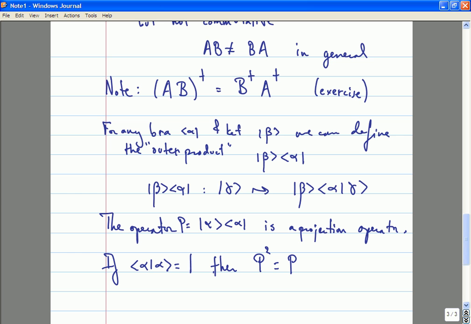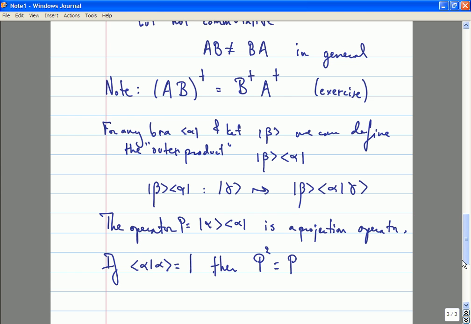And indeed, sometimes we will refer to any operator which has the property that it squares to itself as a projection operator. So a projection operator is exactly what you would think it is from your linear algebra classes. It's the operator that projects you onto a particular vector in your vector space, a particular state in your Hilbert space.